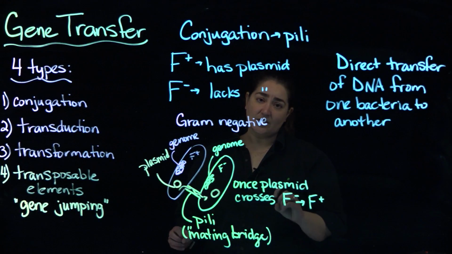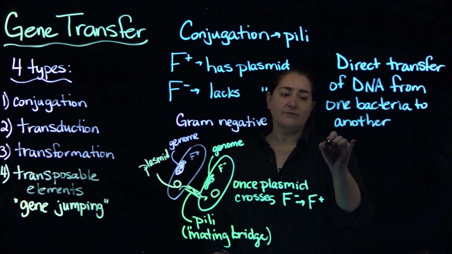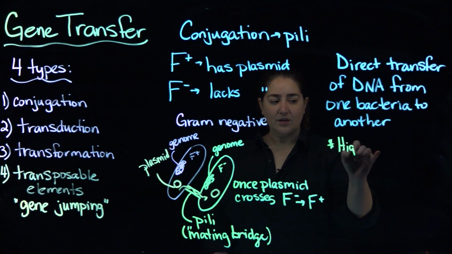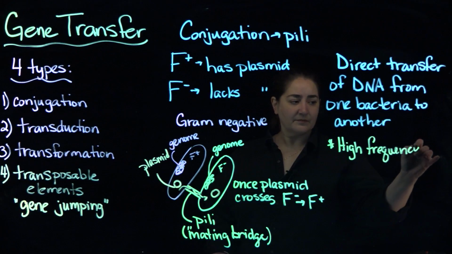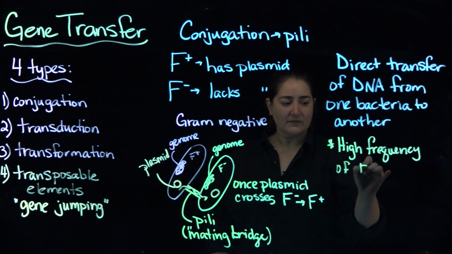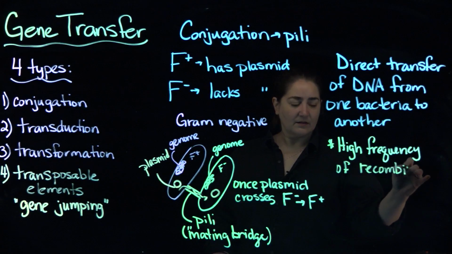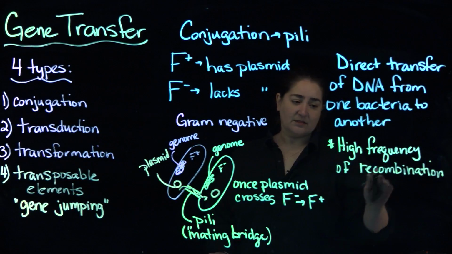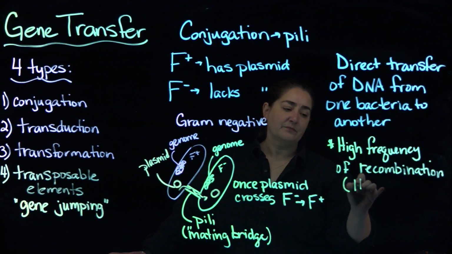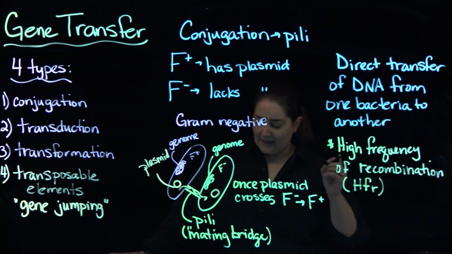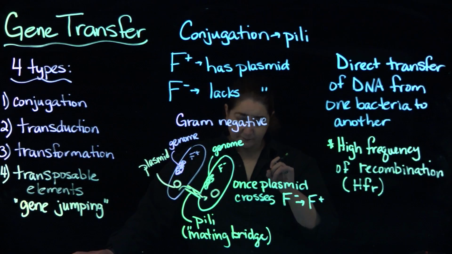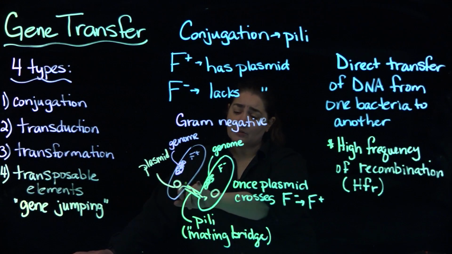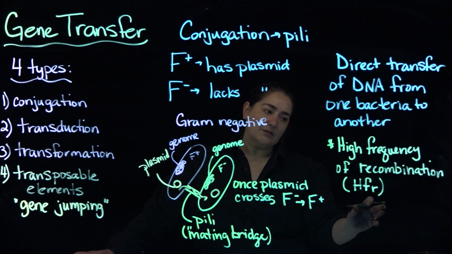The thing with conjugation, and what you'll see with bacteria oftentimes, you will see a high frequency, you'll see some strains that have a high frequency of recombination. So if a strain is designated HFR, it's indicating that it has that ability to generate the pili and pass on genetic material.